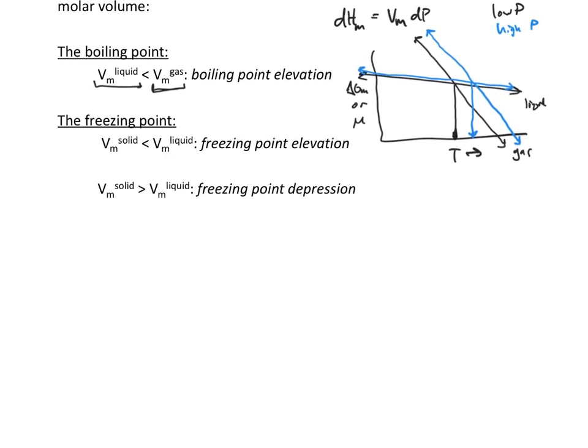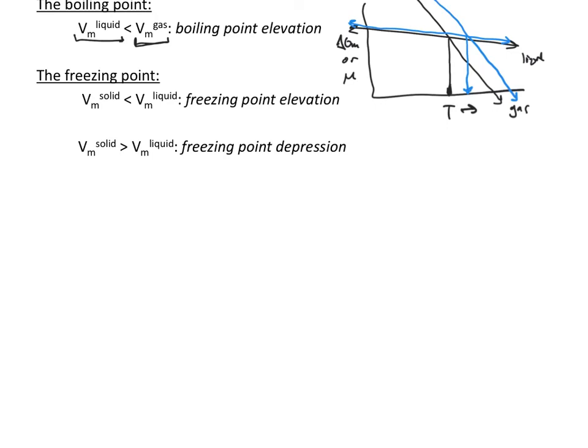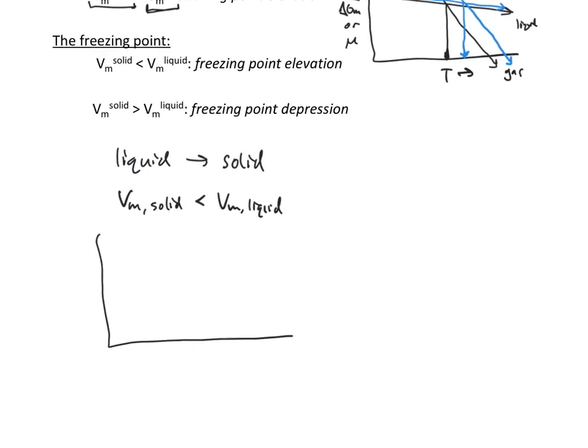Next, we're going to consider liquid to solid transitions. And let's first consider the situation where the molar volume of the solid is less than the molar volume of the liquid. This is the case for most substances besides water.